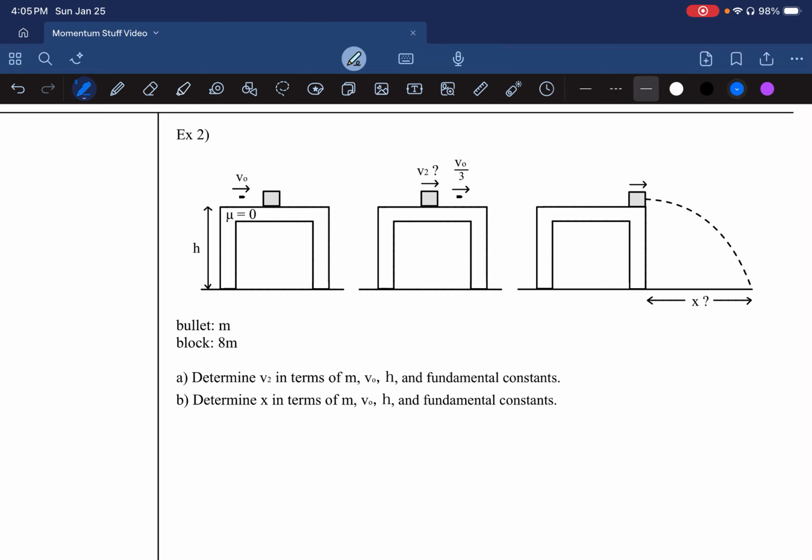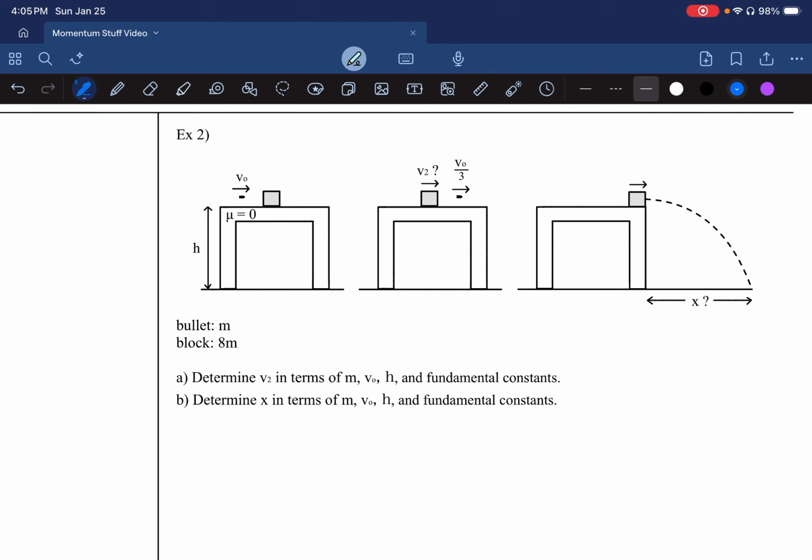So that's part A. And then part B is, the block is sliding here on the frictionless surface with that same speed v2, and then it's going to fall down to the ground. We want to figure out what is the horizontal distance from the base of the table to where it lands.